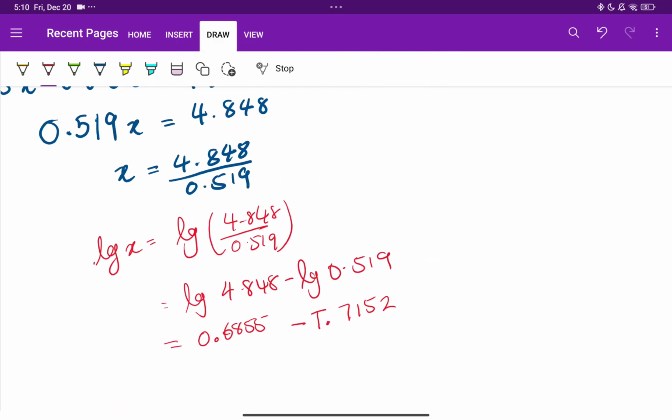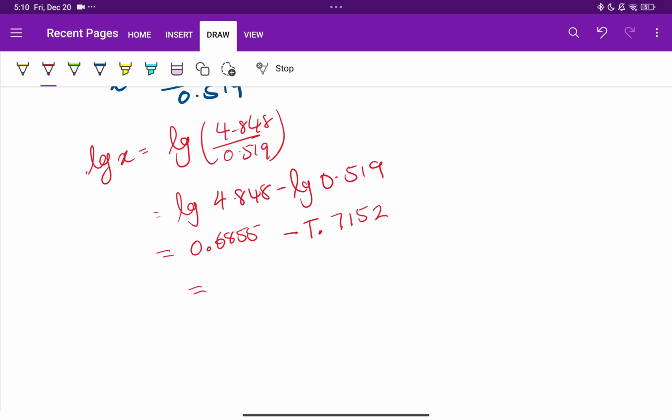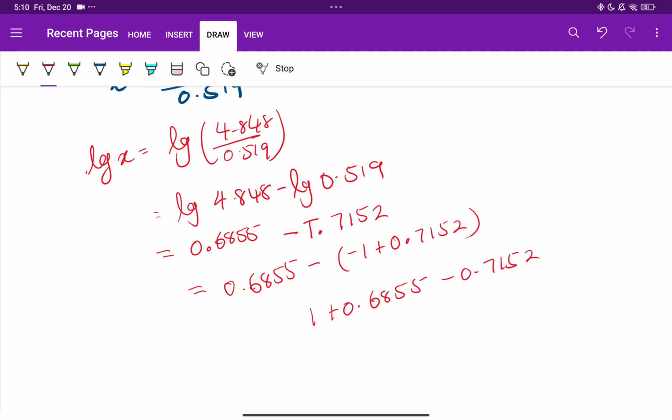Okay. Now we have to perform the subtraction. 0.6855 minus bar 1 plus 0.7152. So this would be 1 plus 0.6855 minus 0.7152. So what happened here is these two multiplied together and became plus, and this became minus, right?